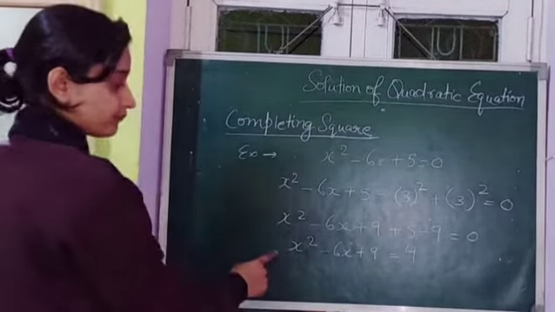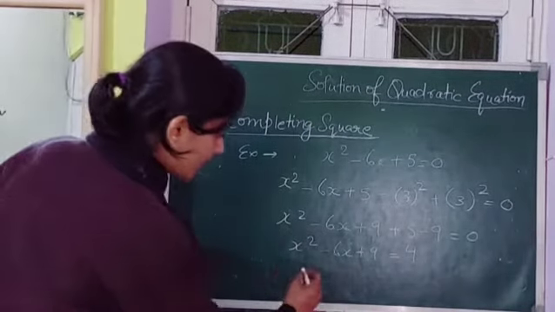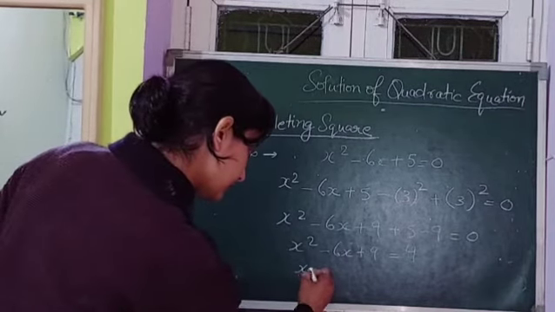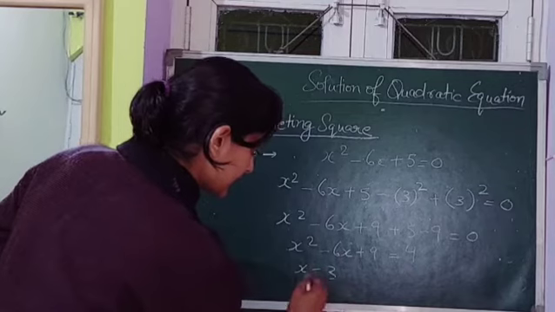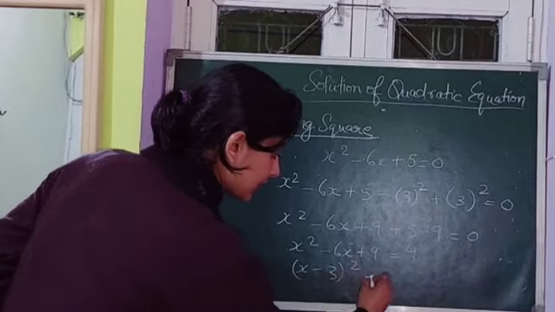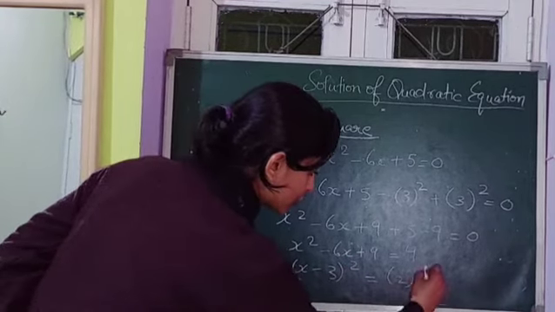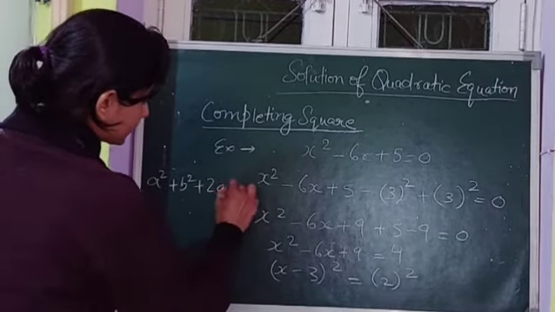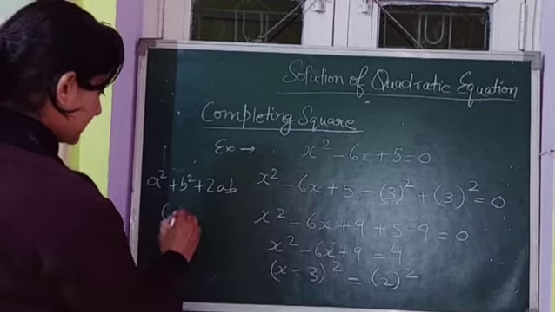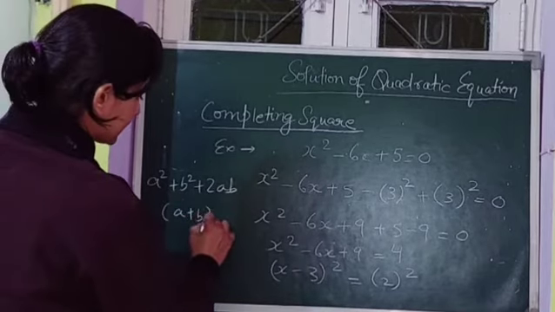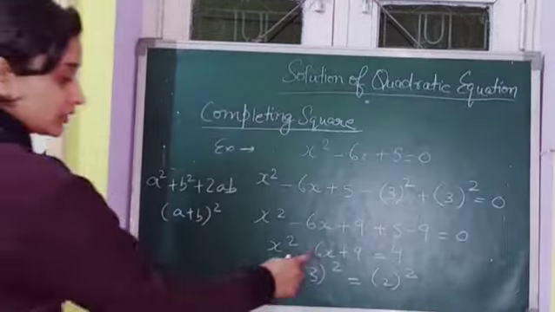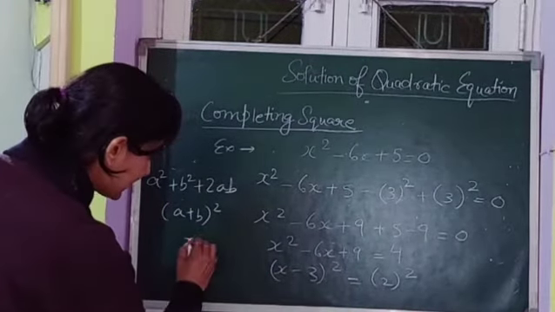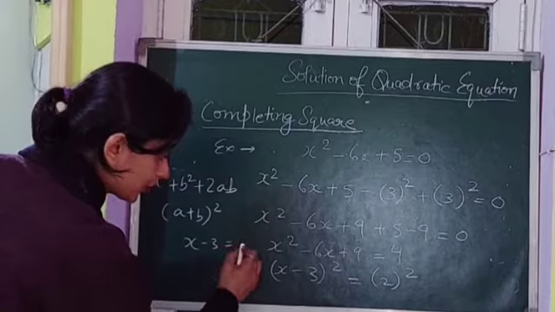So now this will be x minus 3 whole square equals to 2 square. a square plus b square plus 2ab comes out a plus b whole square. So this is solved by this formula, and now we have x minus 3 equals to 2.